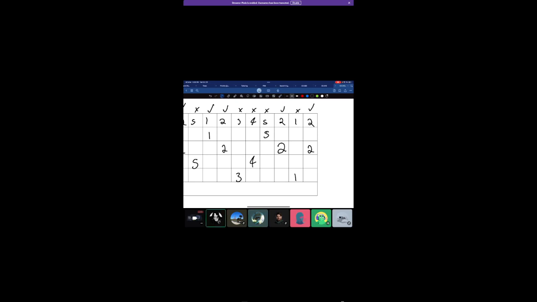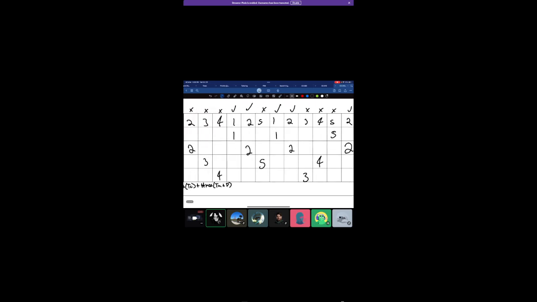Wait, so we're always checking the 4 previous terms, right? Yeah, if you're ignoring repetition, then yeah. Wait, what do you mean by ignoring repetition? So like if there's 2, 2, and then 3, 4.